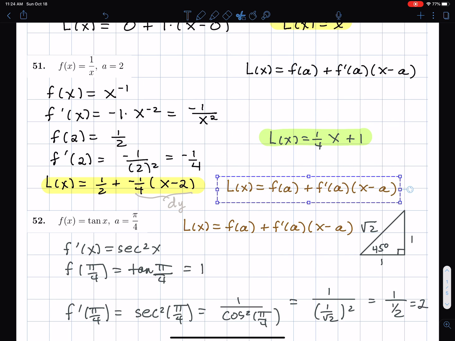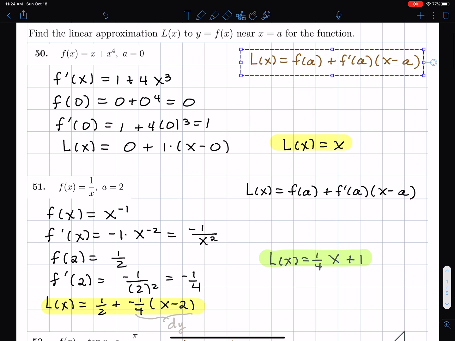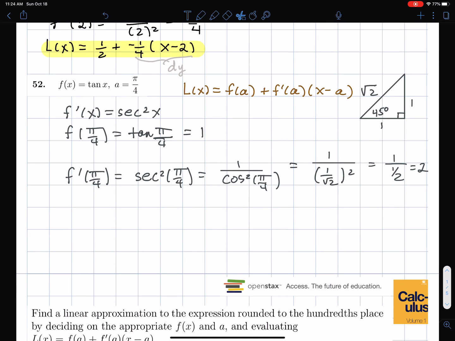Okay. So now I'll just put all this stuff together. We just plug this into the formula, and there's not really, in my opinion, that much to it except knowing how to find the derivative, knowing how to evaluate the derivative, in this case at pi over 4. So that seems to be the challenge, just going through the mechanics of this.